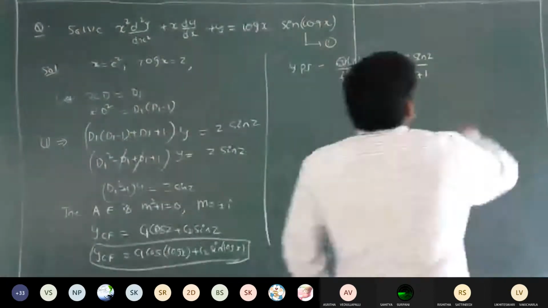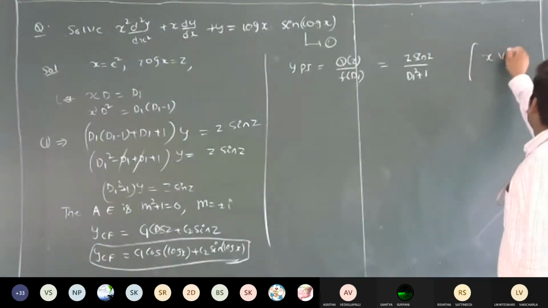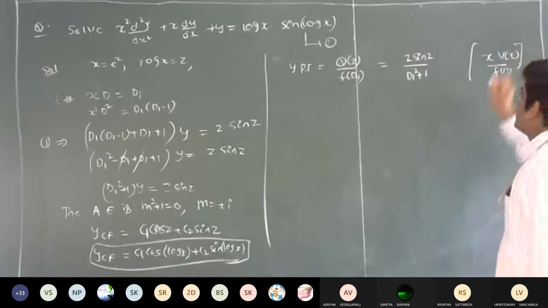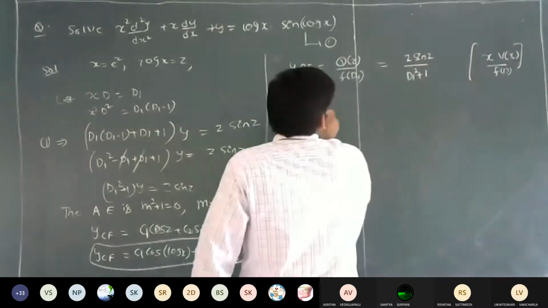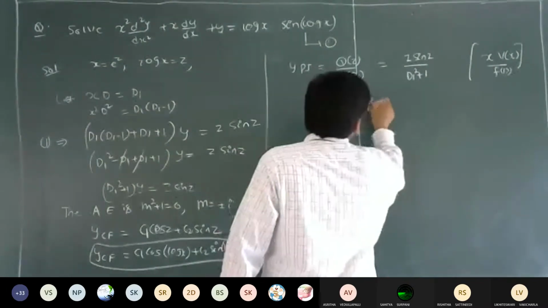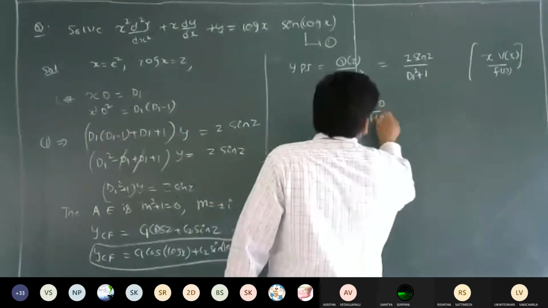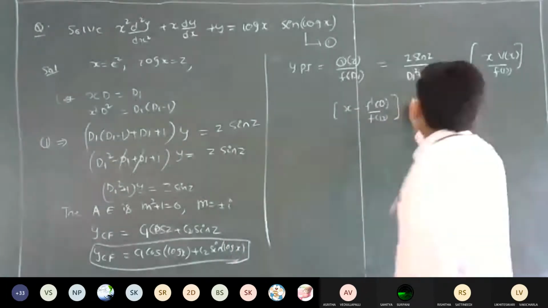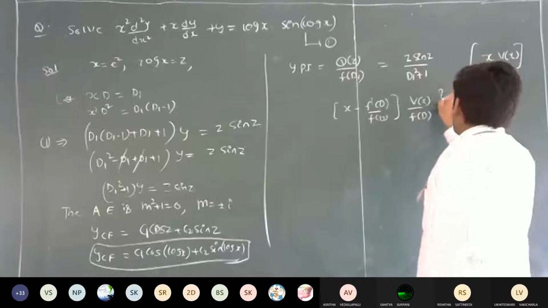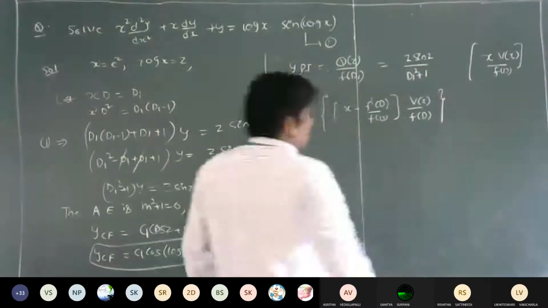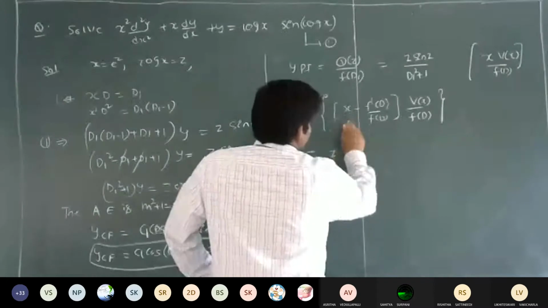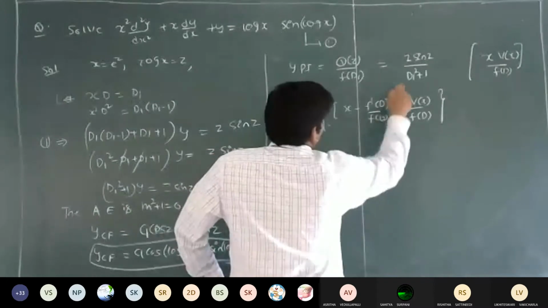It is clearly in the form x into V of x by f of D. So that is x minus f dash of D by f of D into V of x by f of D. So this is the procedure. Here we have z in place of x, so we have z minus f dash of D1.